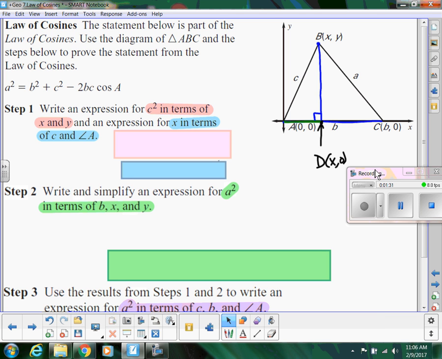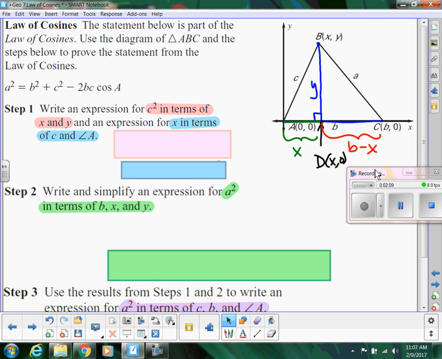So the side from A to D has a length of x, and the height from B to D is just y. Now going over to the other triangle, we still have that the height is y, this side is a, but now this side is not all of b, right? It's going from D to C, that's from b, but I have to subtract off this x value, so that's b minus x.